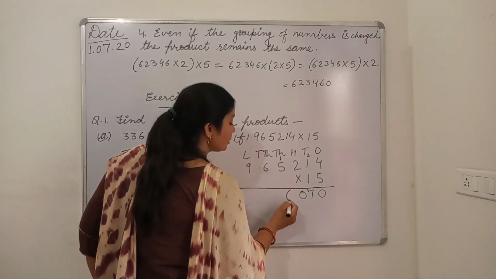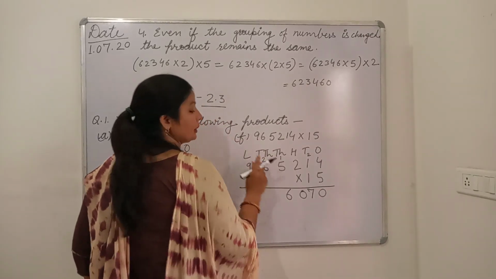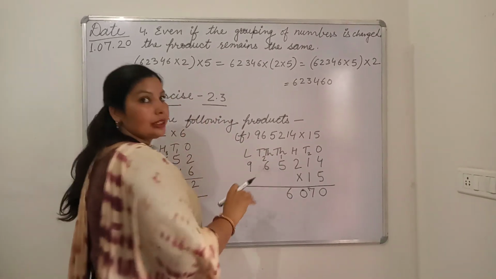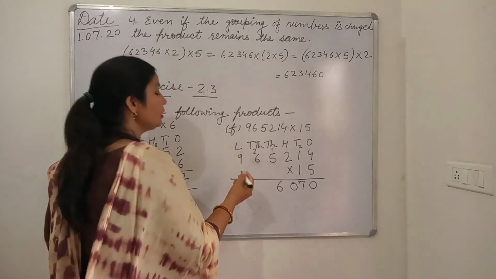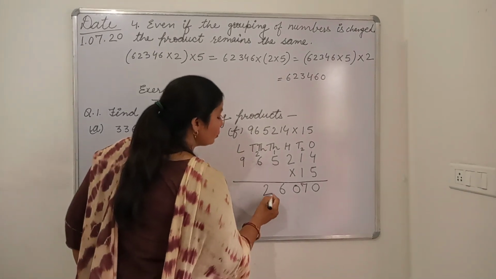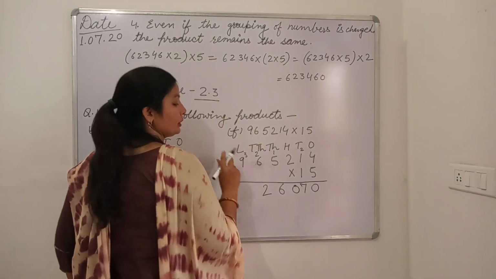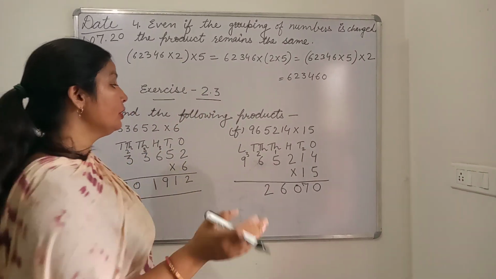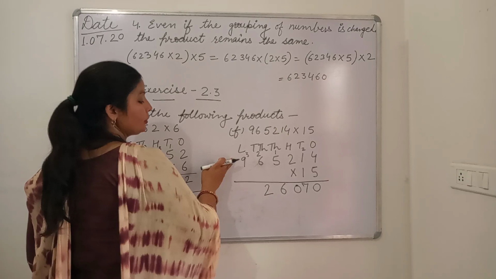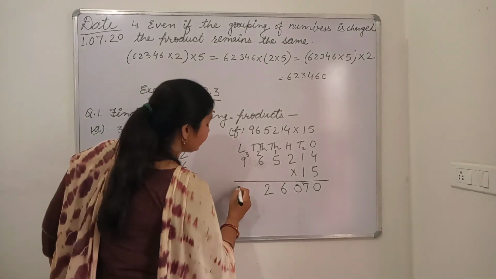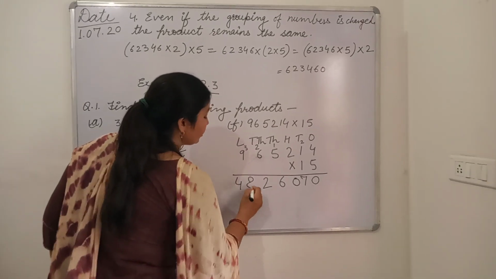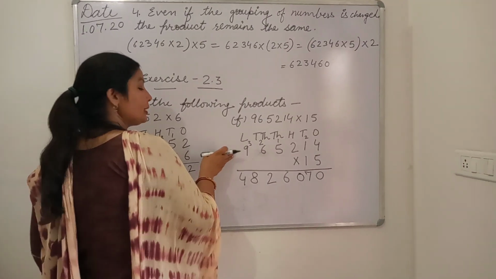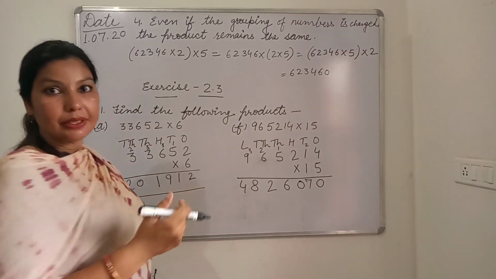So write here 6 and 2 goes carry. Now 5 6s are 30. 30 plus 2, 32. So write here 2 and 3 goes carry. Now 5 9s are 45. 45 plus 3, 48. Now there is no column, so we write 48 as it is. When digits are finished, our product is finished.